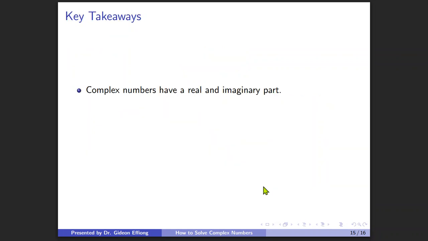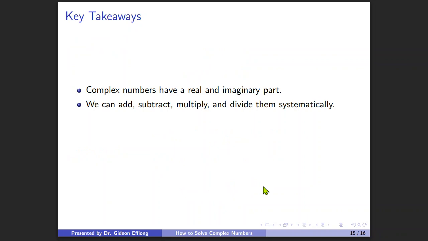So what do we learn from this? Complex numbers have a real and imaginary part. When we add, subtract, and multiply them systematically, we should take note of this imaginary equation.